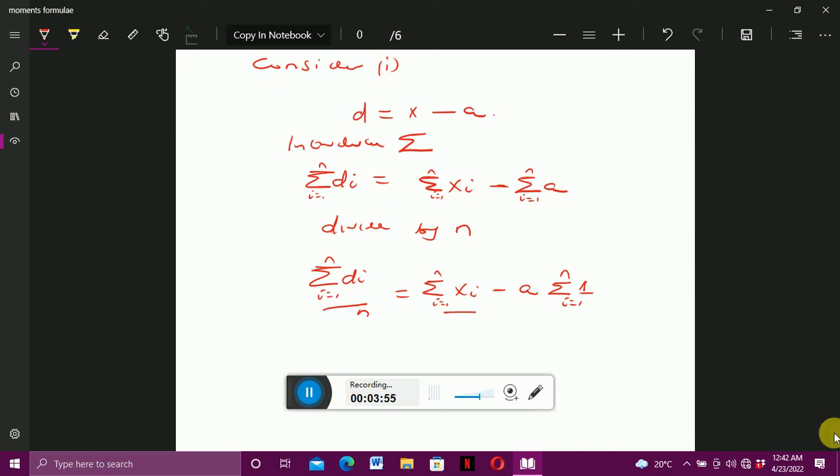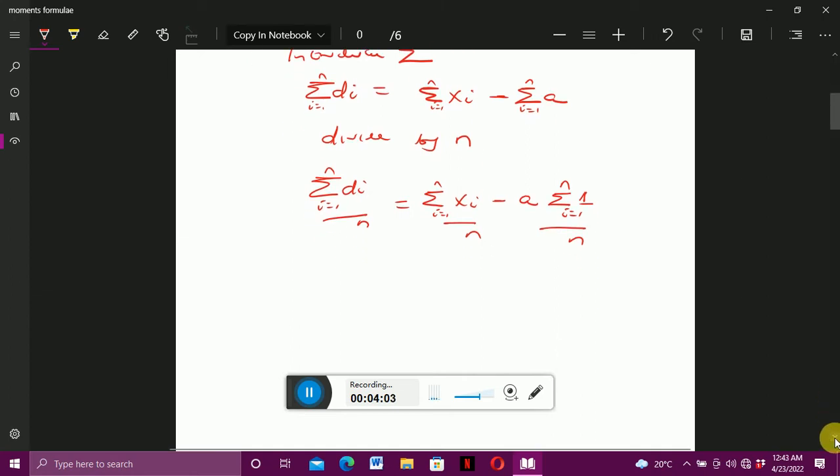Because we said a is a constant, we divide that by n and divide that by n. And you know very well when we do that, just like the sum of xi's divided by n usually gives us x bar, the sum of di's divided by n gives us d bar.